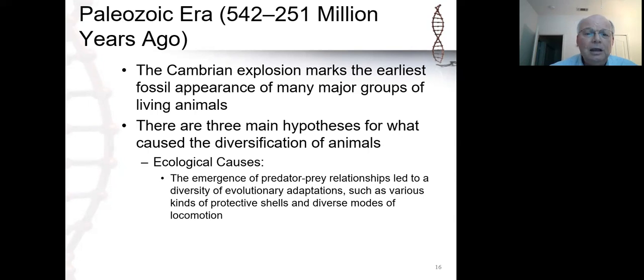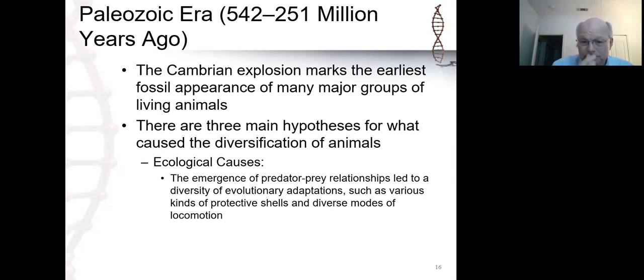Is it really an emergence of many new phyla that leads to a great diversification, or is it a diversification within the phyla that increases the presence of all the phyla? They're already there in a very limited sense, and this is just an increase. Again, we still don't really know, but we believe that that is the best interpretation that we can get.